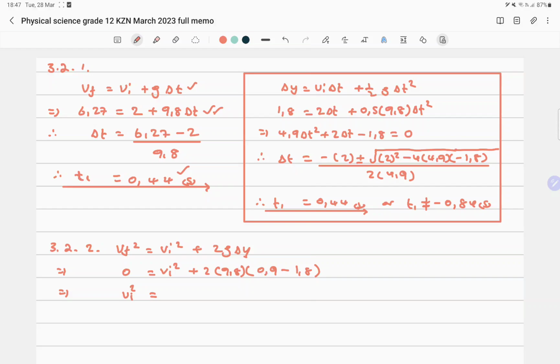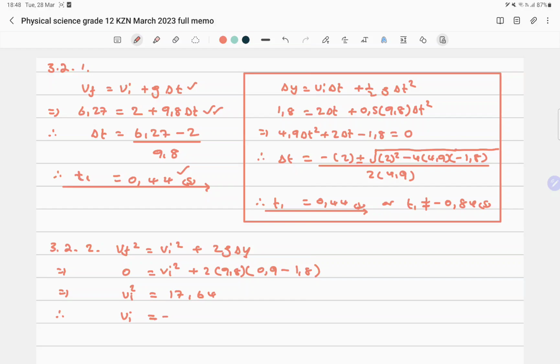When you transpose it, it becomes 17,64. Okay, guys, I'm just moving a bit quicker when I can. Therefore, the initial velocity here, this is now leaving the ground upward, so it should be the negative version. We can say it's going to be minus.